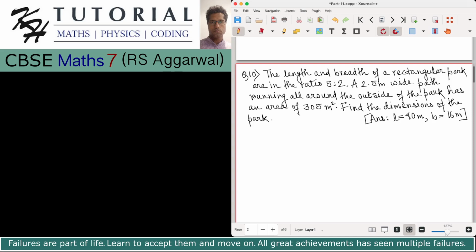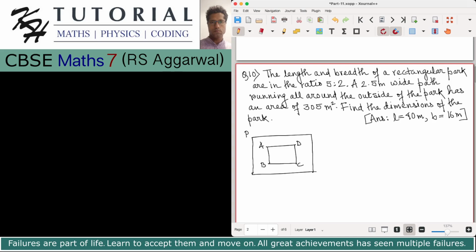So let's draw the diagram. In this problem also, the path is running all around outside of the park. So let's say this is the park. In this problem, the rectangular plot is the rectangular park. So let's say ABCD is the park, and PQRS is the outer boundary of the path.